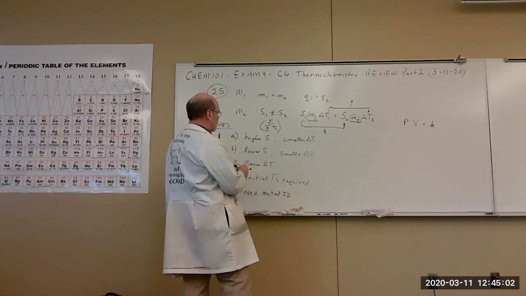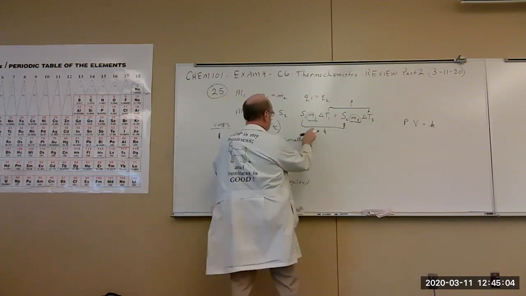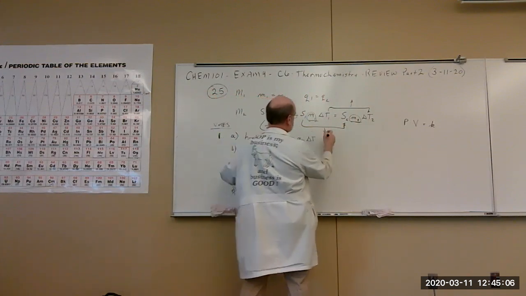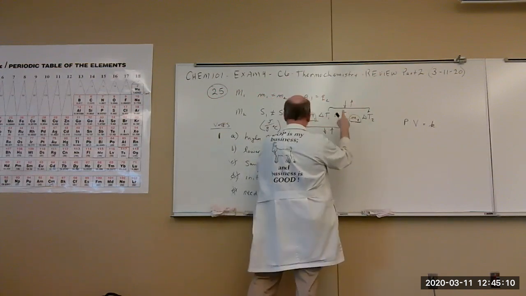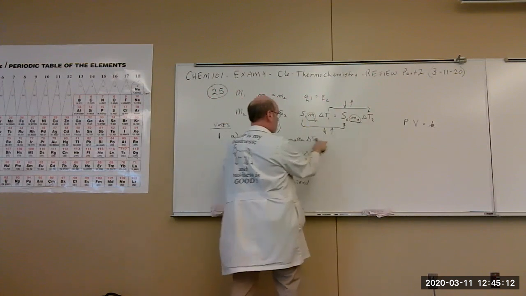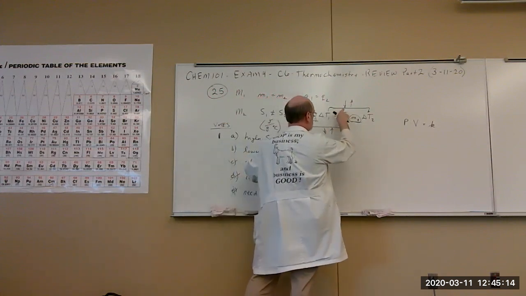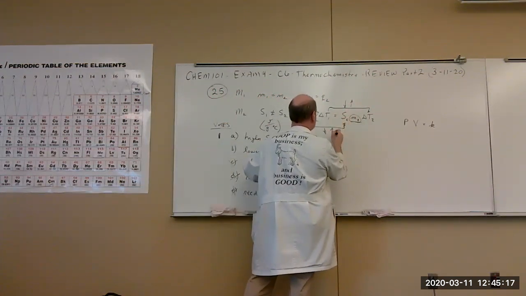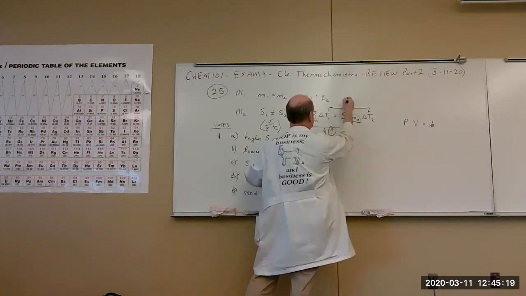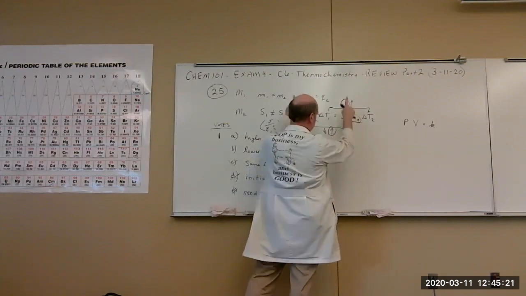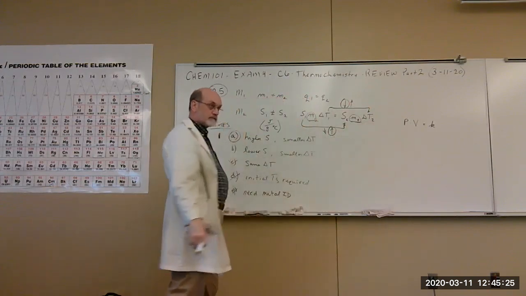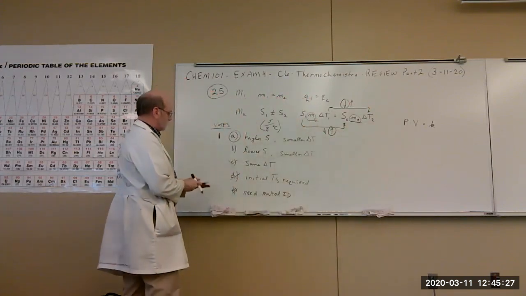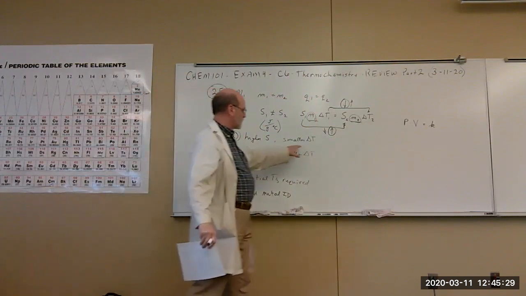So the one with the higher S, let's say it goes the other direction. If this one goes up, which is what this is saying, then this one has to go down. Up, down. So it is A. The higher S is the smaller delta T.